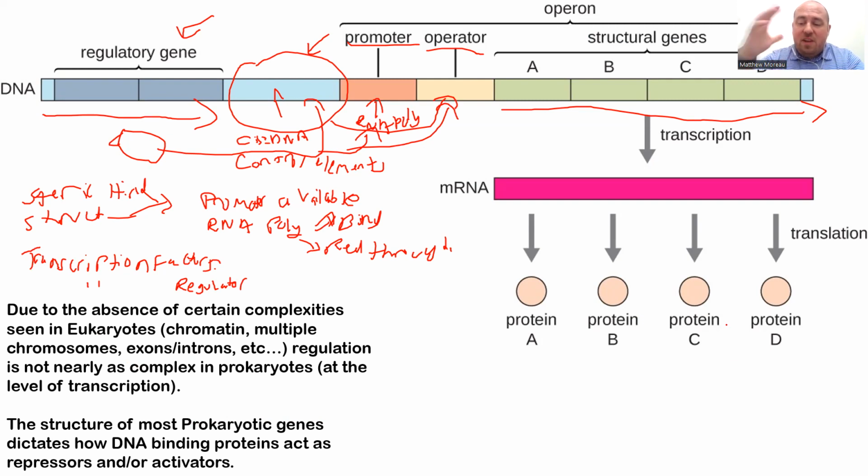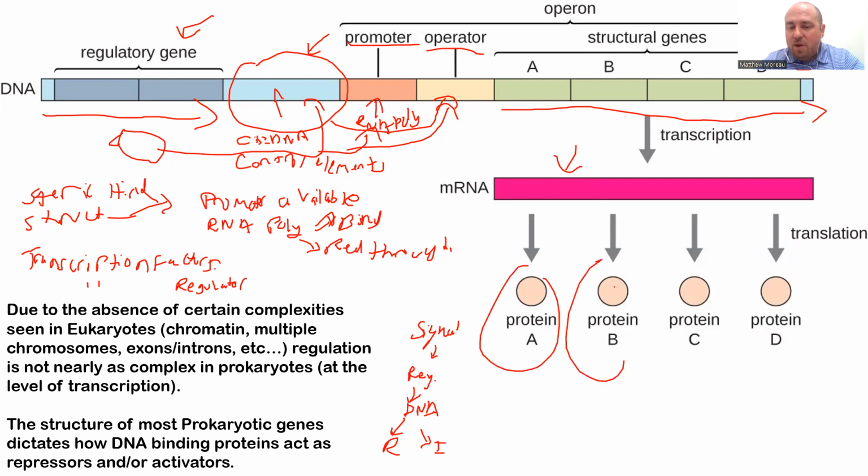So that means that there's going to be a signal that eventually triggers somewhere downstream of this system a regulator. The regulator is what binds the DNA and then influences either repression or induction. And of course, like most operons and most mRNAs, they are multicistronic, which means that you get a singular mRNA, but you get multiple proteins that are encoded for by that mRNA.